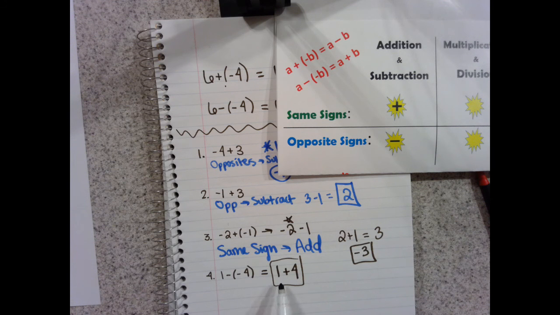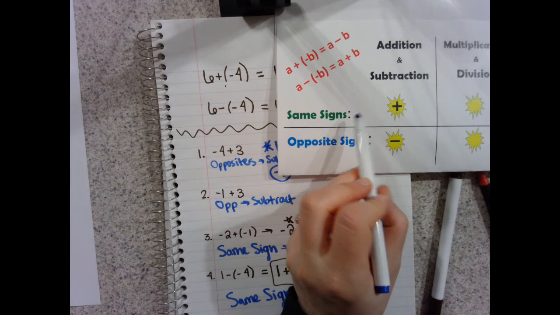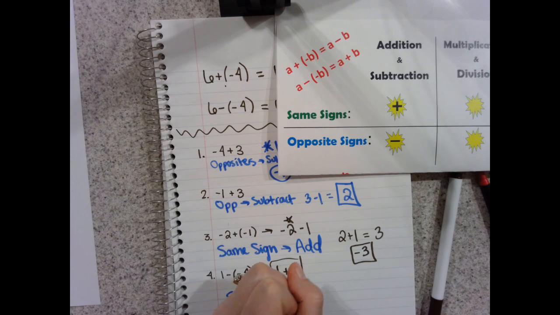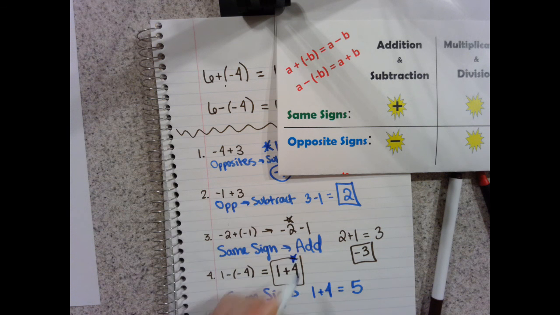Well, the 1 is positive, the 4 is positive, so this is same signs. Remember, same signs add. So I just take 1 plus 4, get 5, and then I need to keep the sign of the larger number. Now 4 is bigger than 1, and 4 is positive. So my final answer is a positive 5.